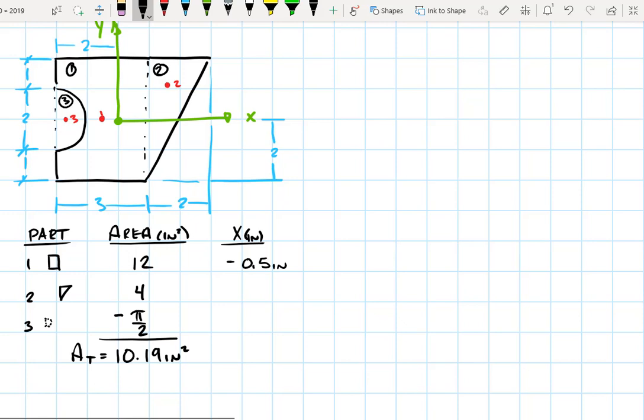So you'd have to go through: the base of this rectangle is 3 inches, so the centroid is 1.5 inches over from the edge. The edge is 2 inches over to the origin, and you have to count backwards. So you have to be very thorough. This distance right here is that distance there, so those match up.